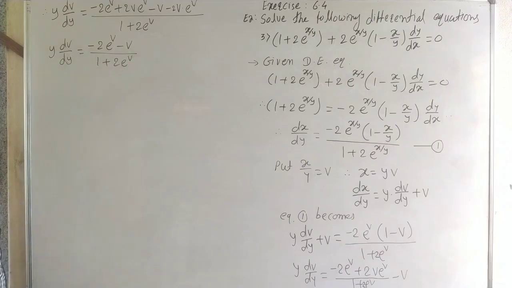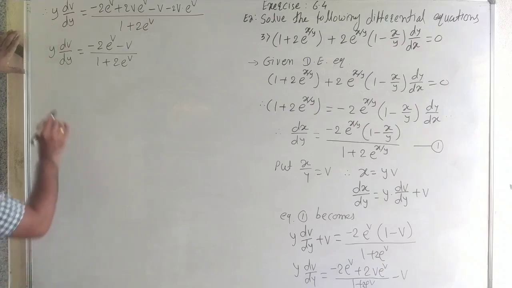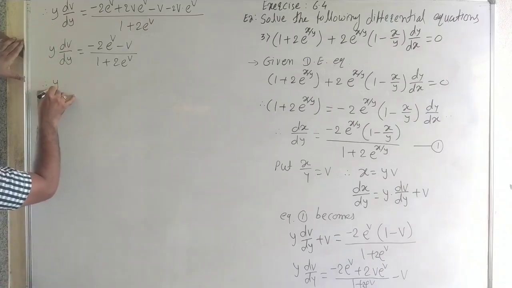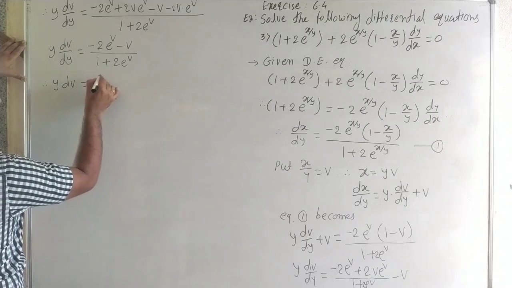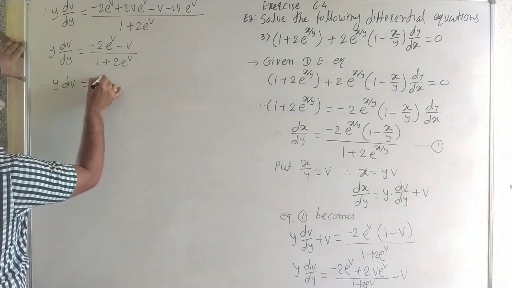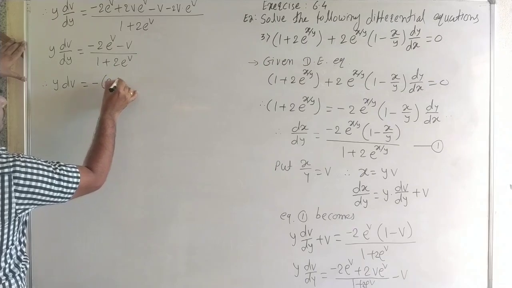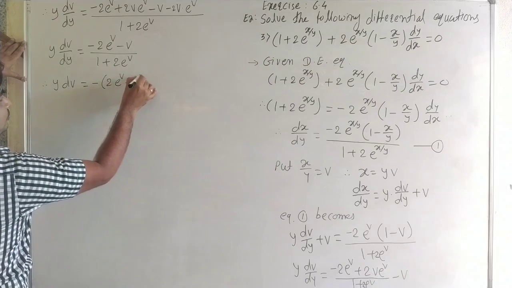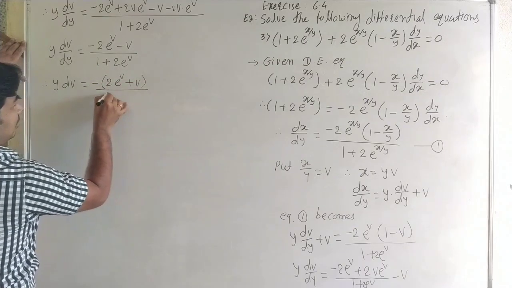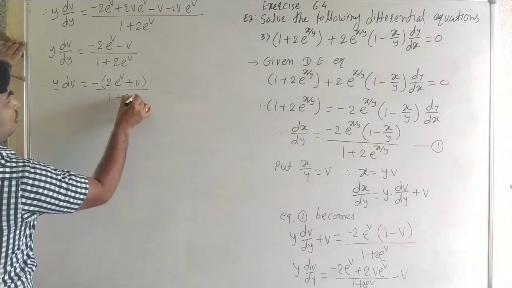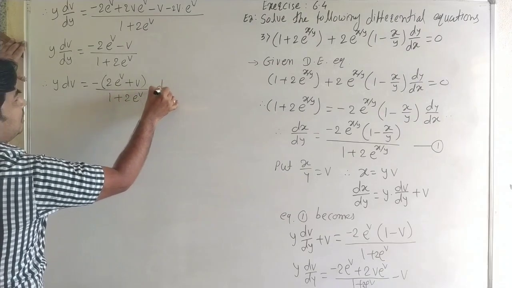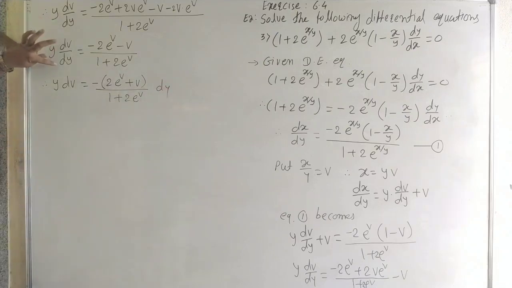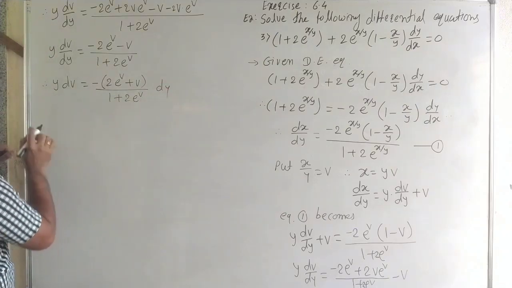Okay. Then separate first the differential coefficients dv and dy. Therefore you can write y into dv is equal to minus, we take the minus common, 2 into e raised to v plus v upon 1 plus 2 e raised to v dy. dv and dy, we can separate dv and dy.